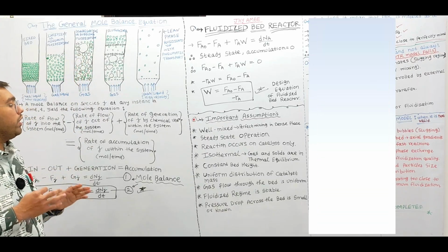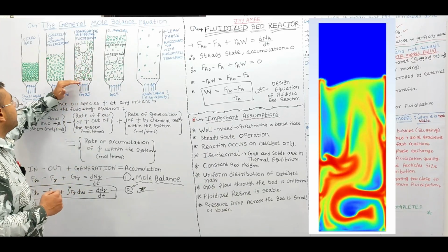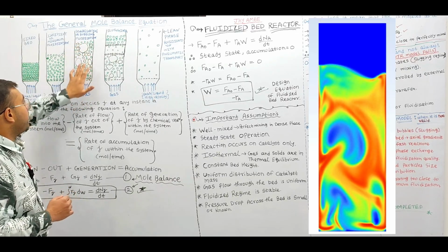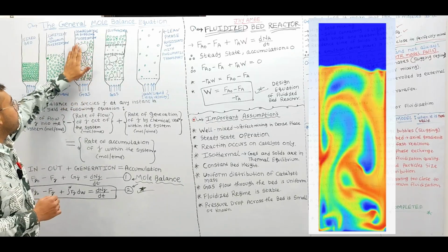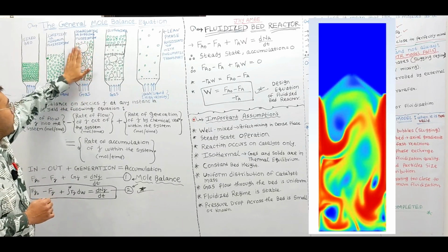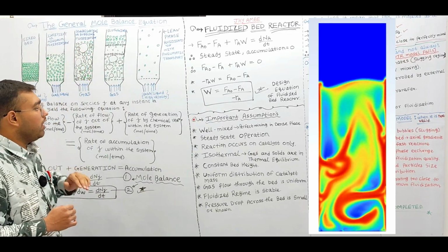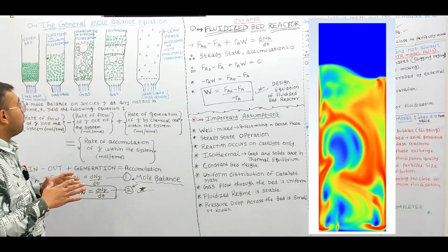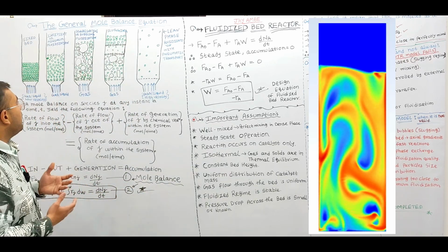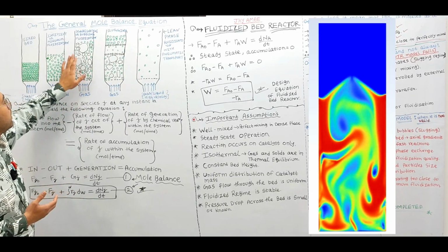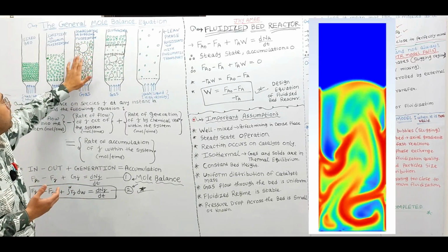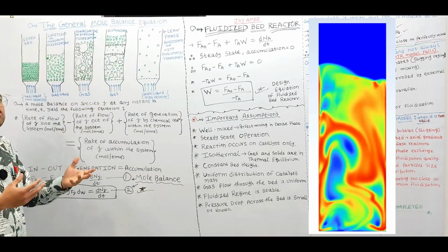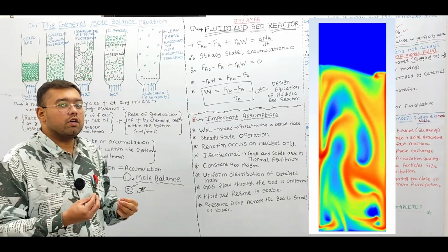So we need to ensure uniform mixing of all the gas bubbles and the solid catalyst phase in the entire reaction environment of the fluidized bed reactor in order to ensure thermal equilibrium or isothermal conditions, right? So we should not have any heat zones, right? We should not have any hot spots, which means a certain position having a higher temperature and another position having a lower temperature.